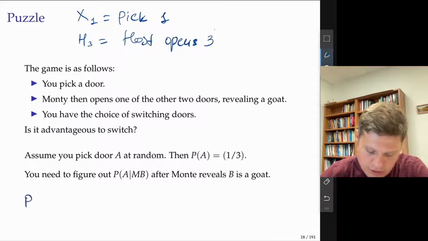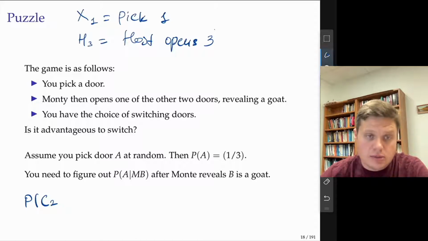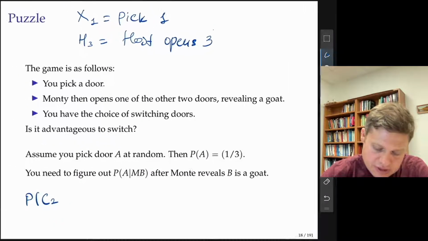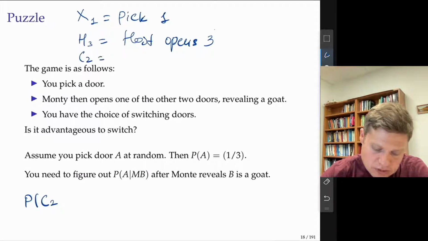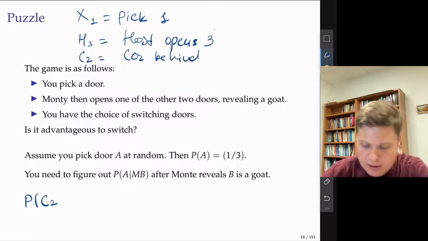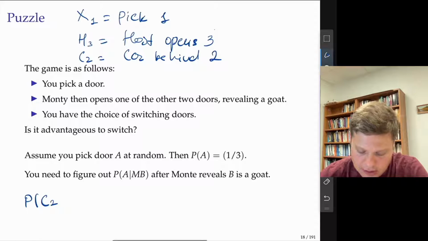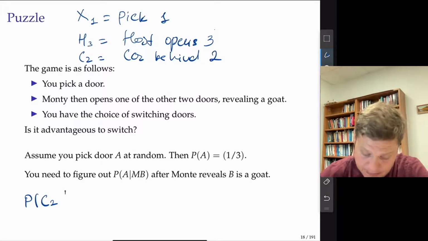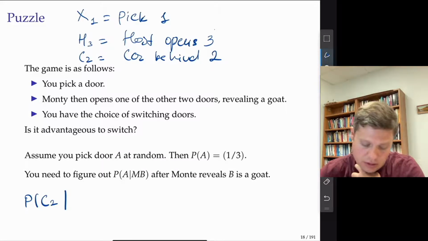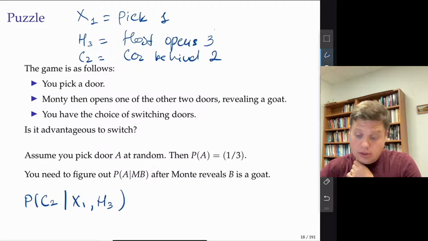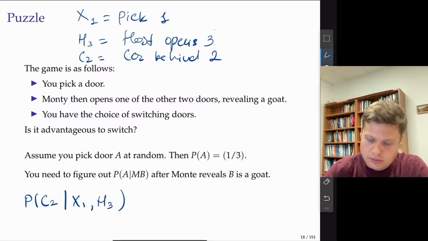We want to know the probability that the car is behind door 2. We're going to call this event C2. C2 is car behind door number 2, given the piece of information that you picked door 1 and the host opened door 3. So let's use the Bayes rule to calculate this.